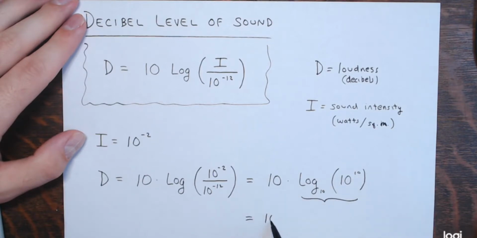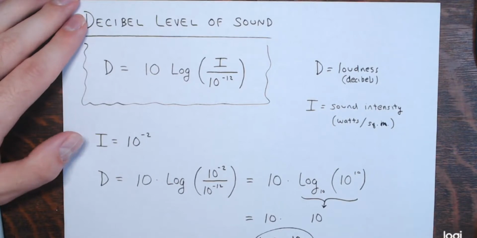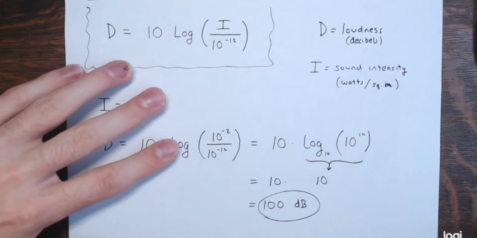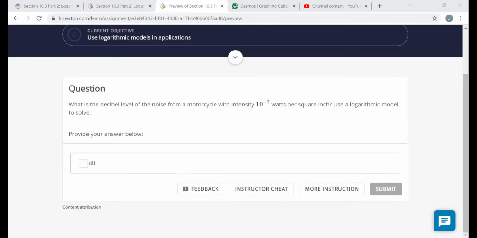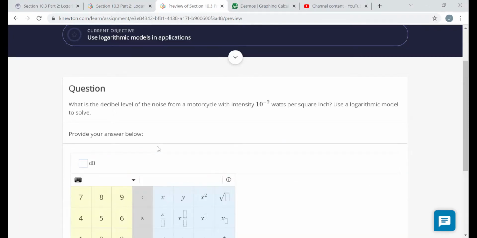So this is 10 times 10, the log base 10 of 10 to the 10th power. That's just 10. You could set up a little equation if you want, but this is 100. 100 decibels is the loudness level. So back on the assignment, I'm putting 100.